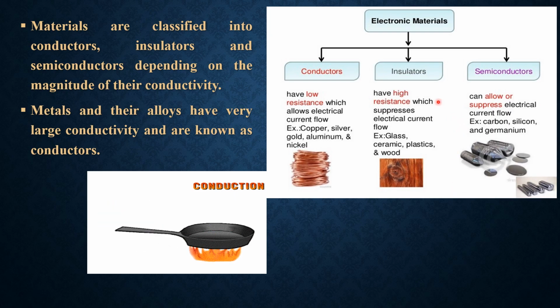Now coming to insulators. These are the kind of materials which do not allow current to pass through them without any appreciable loss, and they have very high electrical resistance. Because of that, they are also available in a large variety to cover different applications.